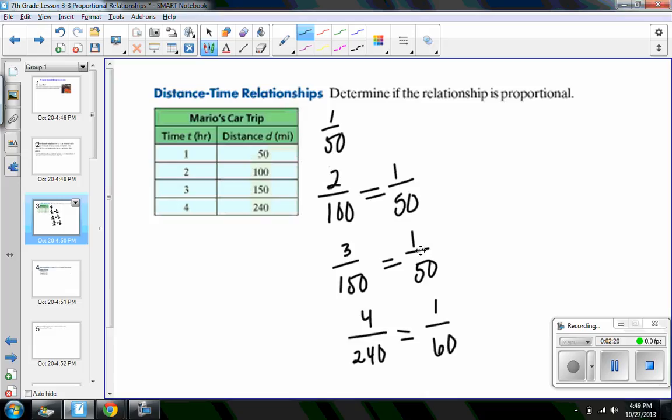These are our ratios because they're all simplified. Well, they are not all the same. 1 to 50, 1 to 50, 1 to 50, and then 1 to 60. So because this last one is not the same, this is not a proportional relationship.